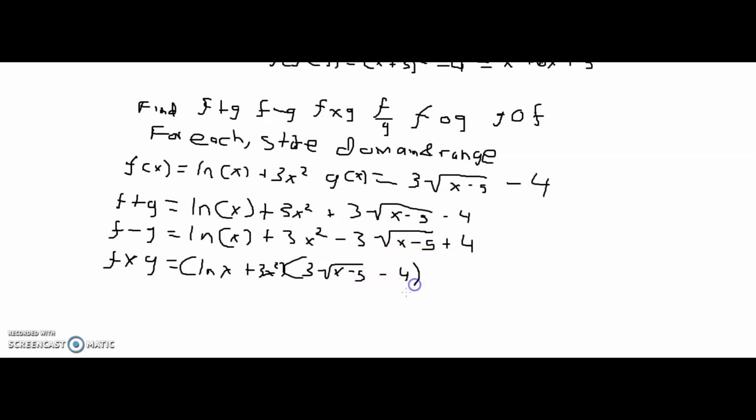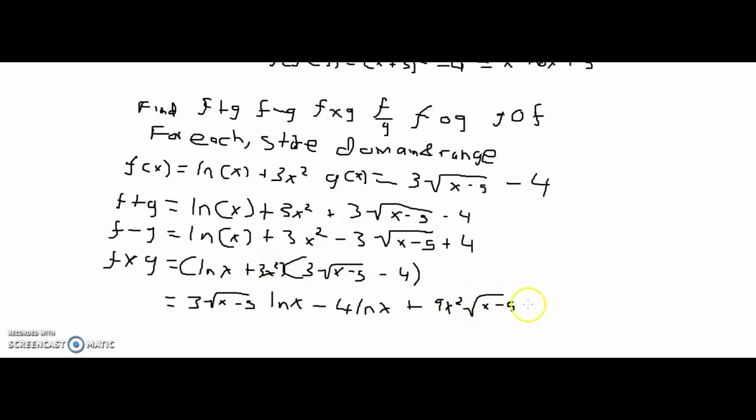And so if I wanted to FOIL that out, I would get 3 square root of x minus 5 times natural log of x, minus 4 natural log of x, and then that would be plus 9x squared square root of x minus 5.